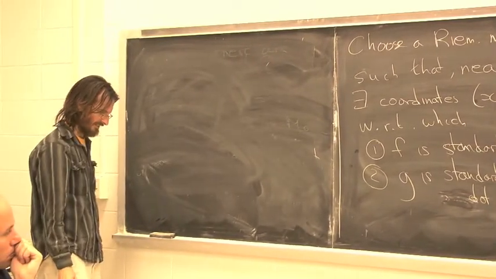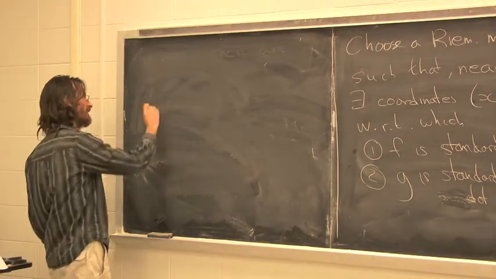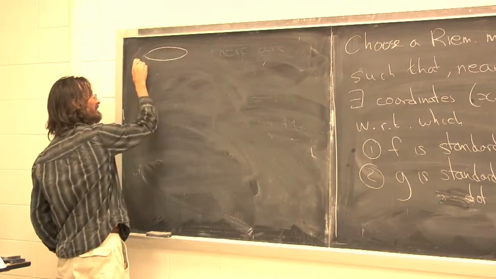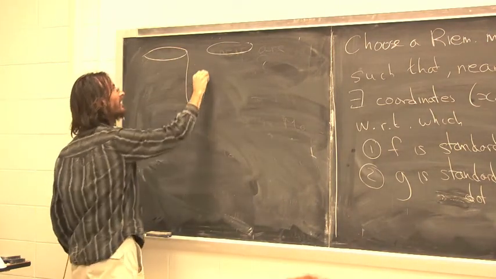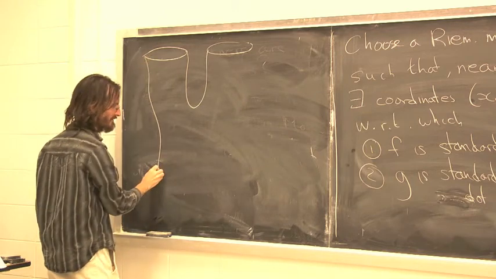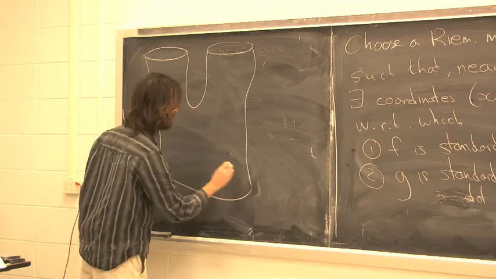Let me draw a schematic picture of what's happening here. This is sort of a realistic example. Realistic examples have the danger of getting you to believe things that are not always true.